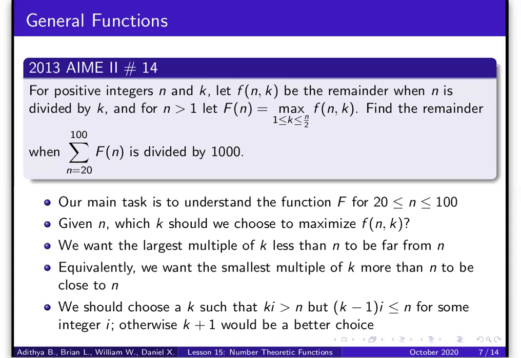In particular, if you were to increase k by a little bit, if the least multiple of k that's greater than n is ki, but ki minus 1 is at most n, well, what this means is that we can improve our remainder slightly so that we can increase the maximum.